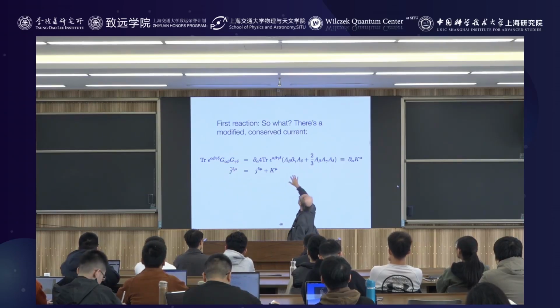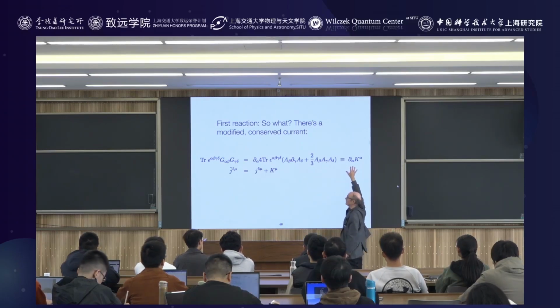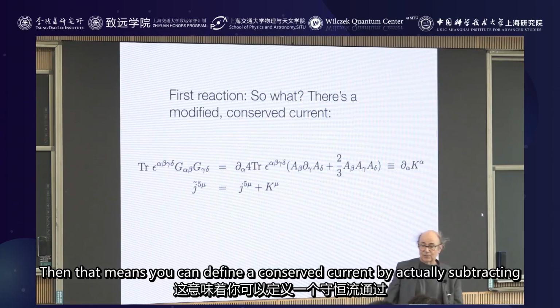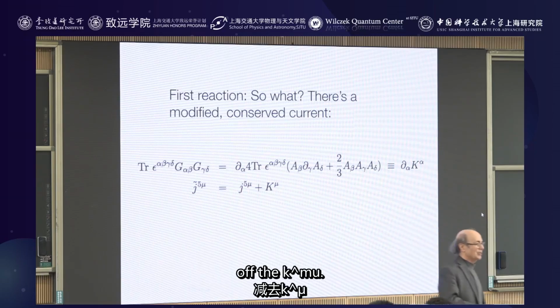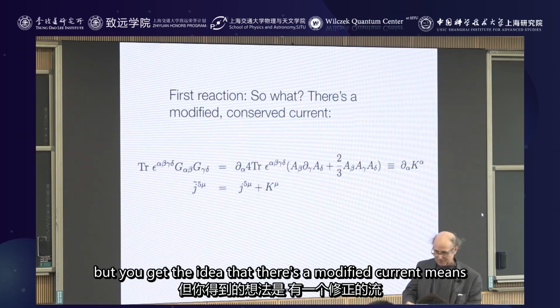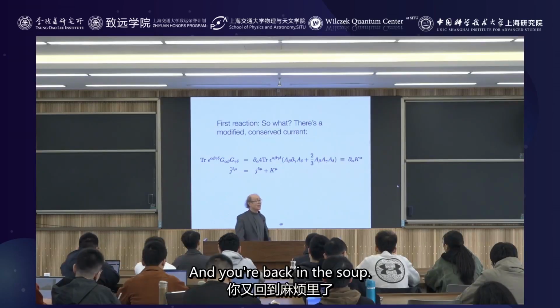So you can write it this way, and then that means you can define a conserved current by actually subtracting off the K mu. So there should be a minus sign, but you get the idea that there's a modified current that still means that there's a modified conservation law that's spontaneously broken, and you're back in the soup.